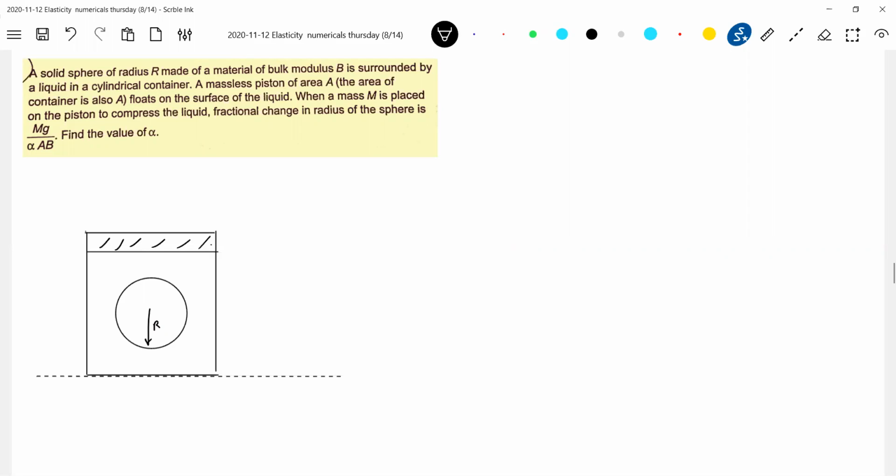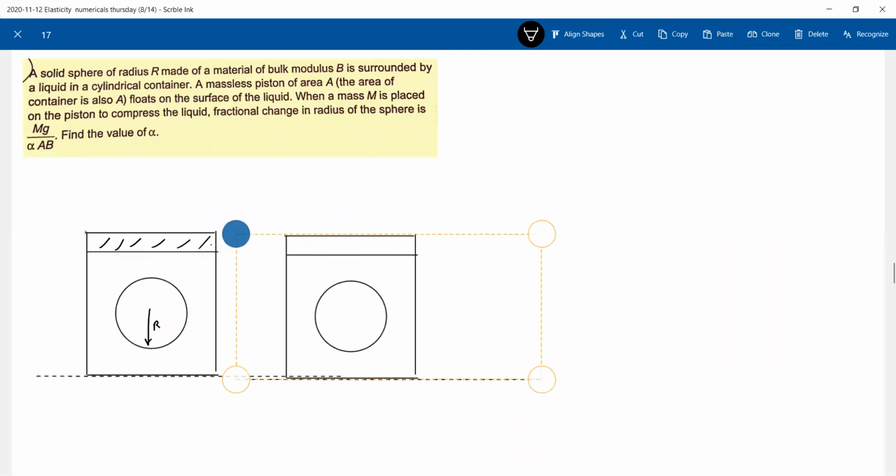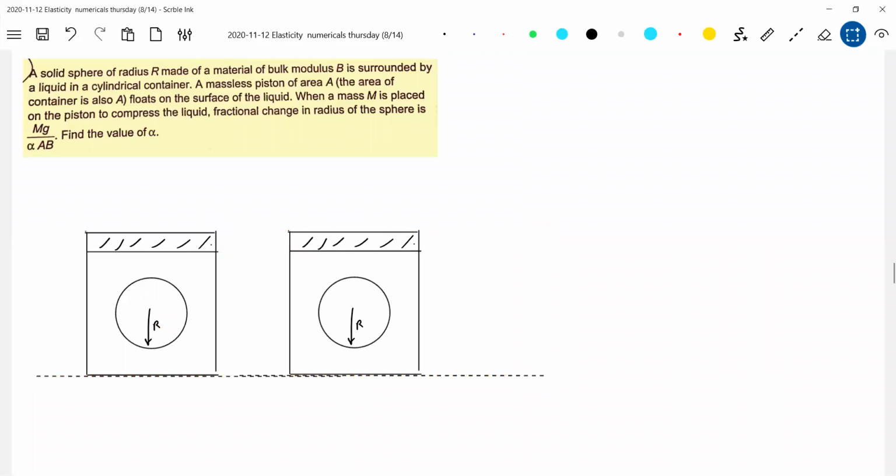When a mass m is placed on the piston to compress the liquid, what I'm going to do is compress the liquid. So now I'll place a mass here. Definitely, what do you expect? The pressure will increase, no?